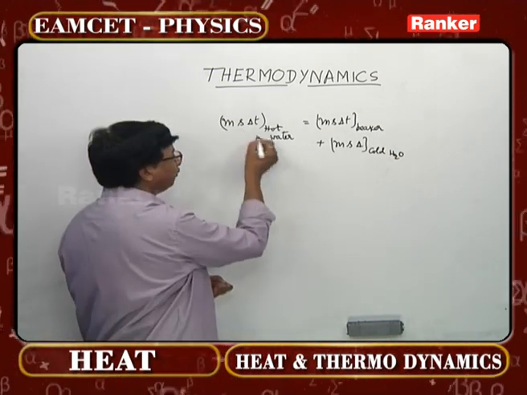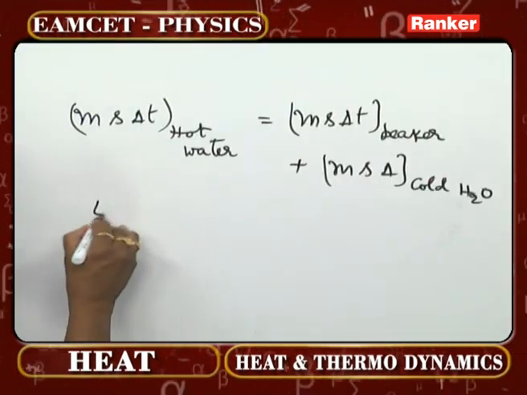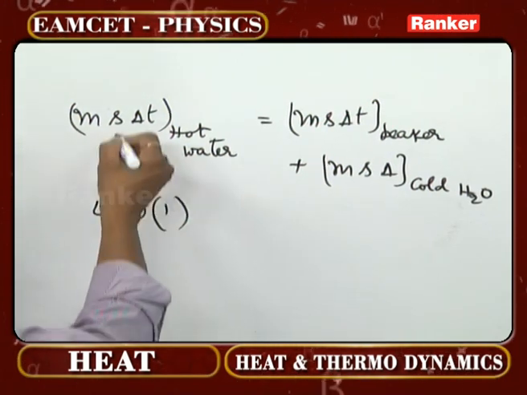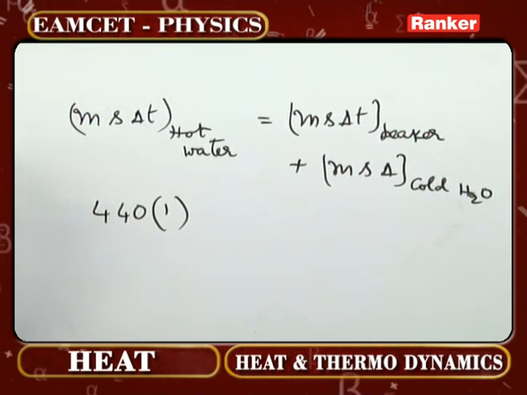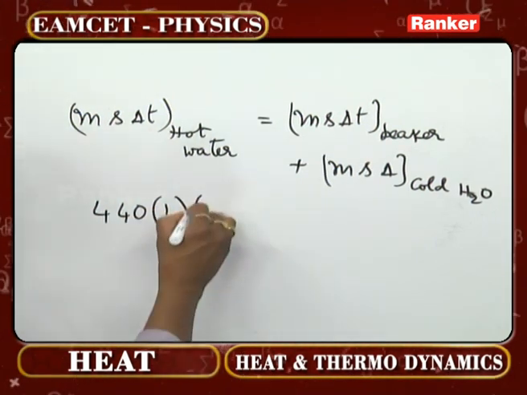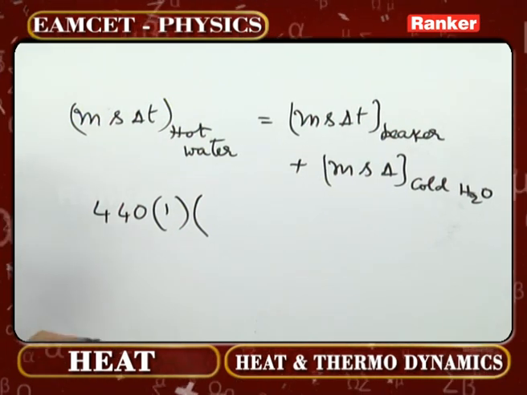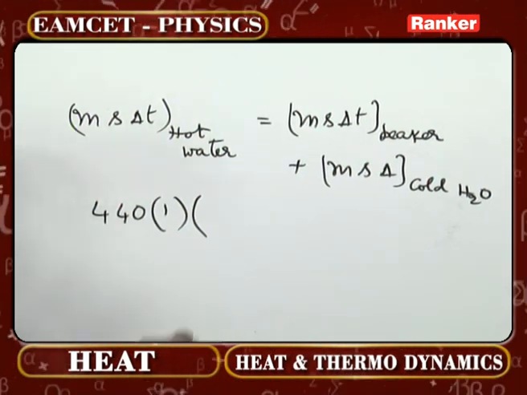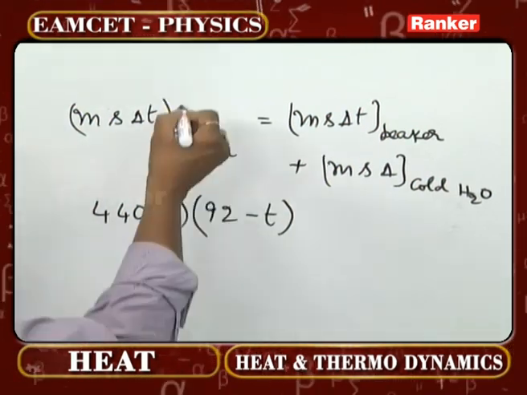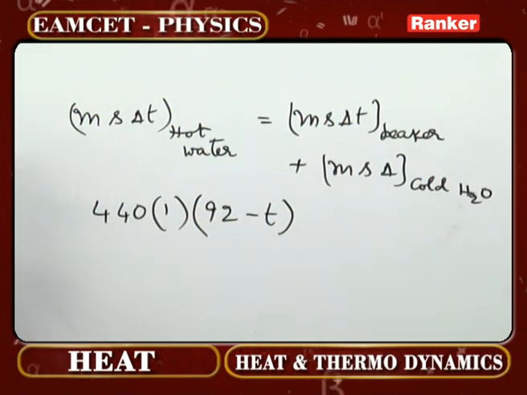How much hot water is added to the system? 440 grams of hot water is added. But we know pretty well that when taking values in CGS units, S can be taken as 1. Now, hot water's temperature was 92. It is now coming down to some other value. Let us take that value as T. That means from 92 degrees, hot water has come down to T degrees.